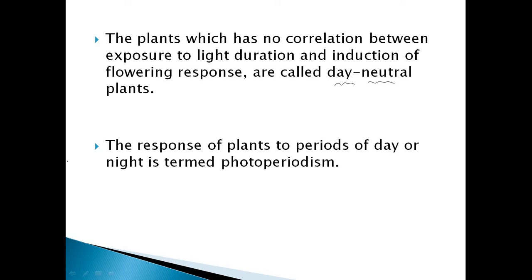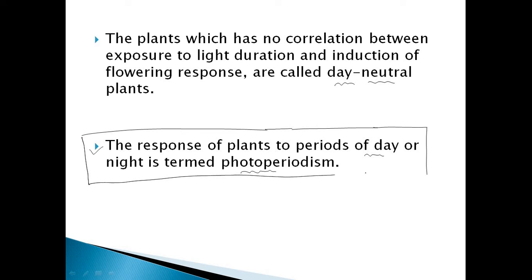And in this last point I have written here, the response of plants to periods of day or night is termed as photoperiodism. That means this is the definition. Plants respond to the presence or absence or duration of light exposure.